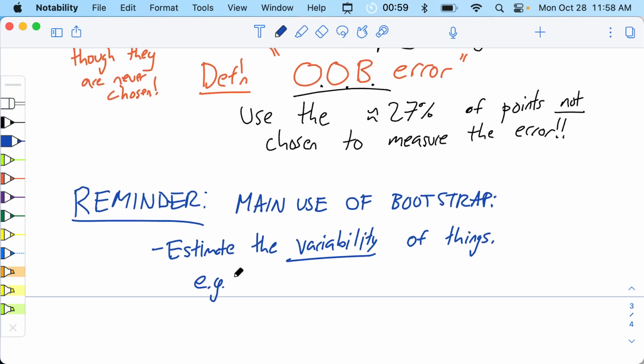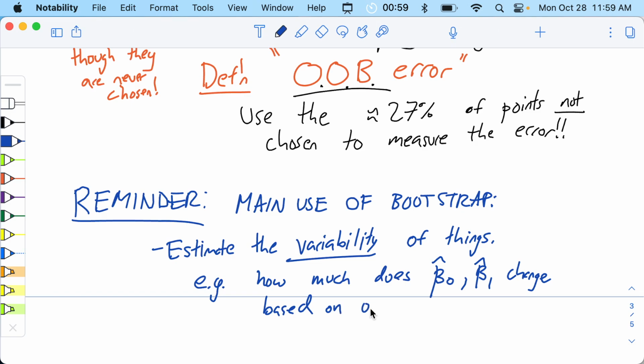E.g., how much do beta hat 0 and beta hat 1 change based on our sample.